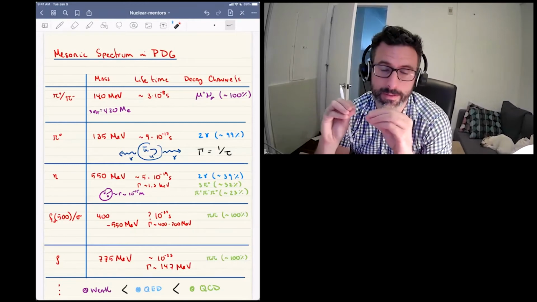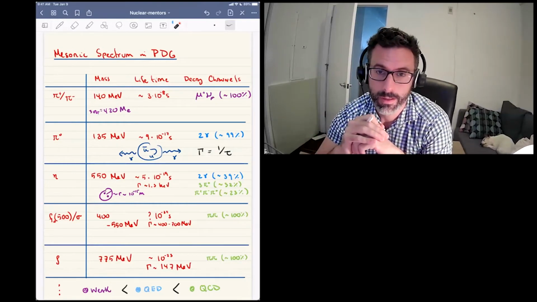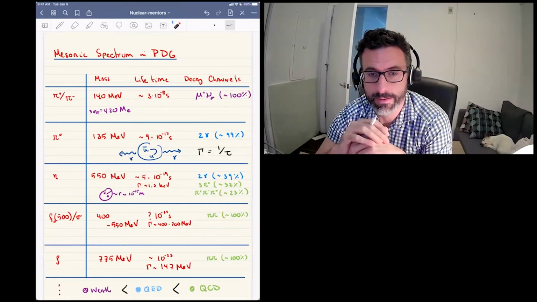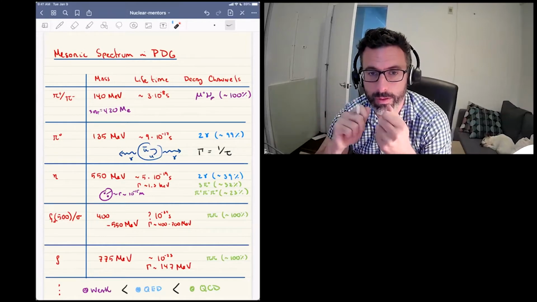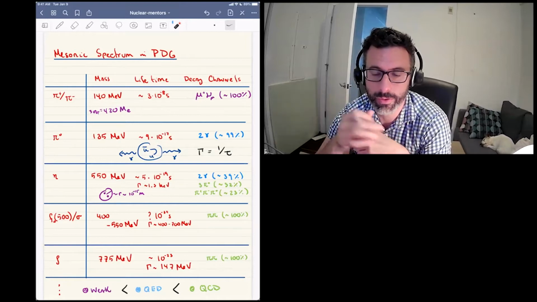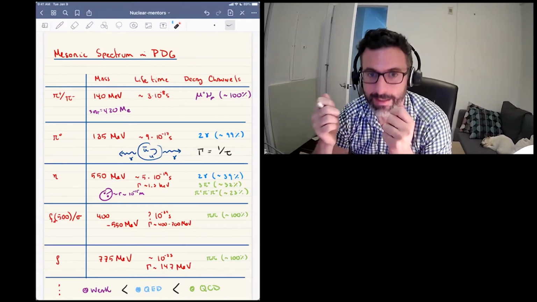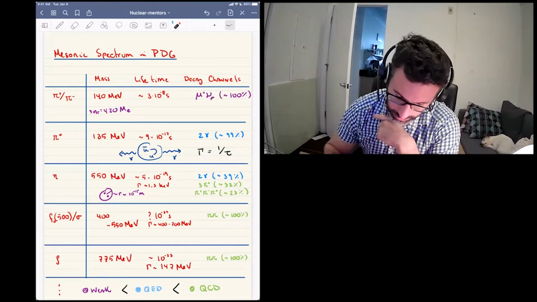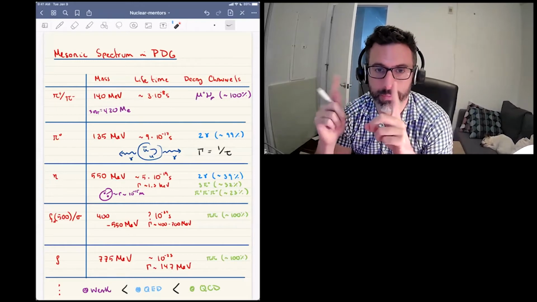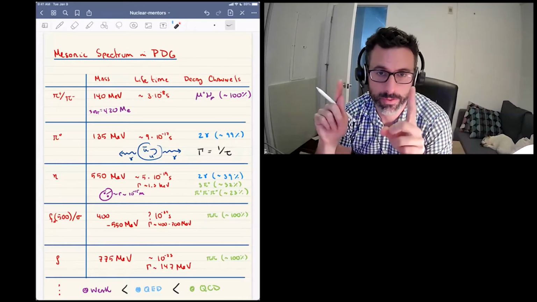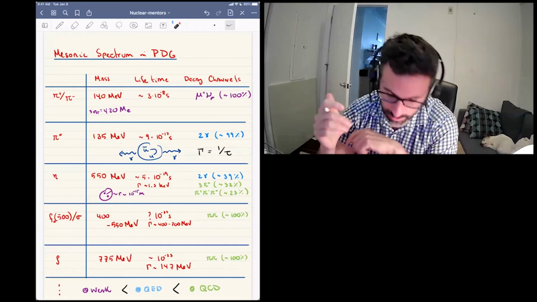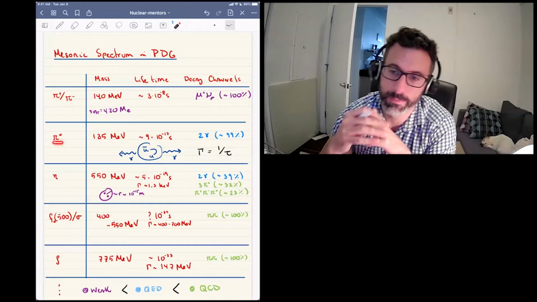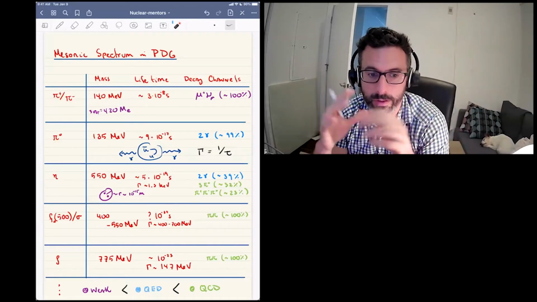If I turn off electricity and magnetism and make the up quark and the down quark have exactly the same mass, then the proton and the neutron have exactly the same mass, and they fall under a family. It's a doublet family because there are two particles in that family, while the pi plus, pi minus, and pi zero make up a triplet. So they fall under a family together.